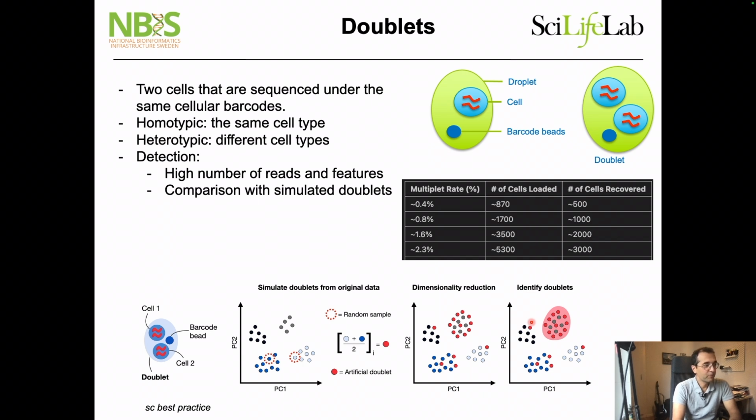So how do you know what is the rate that you should expect? 10x Genomics has suggested an approximate expected multiplet rate, depending on number of cells loaded and recovered. And you can use this table in order to evaluate the picture that you see.